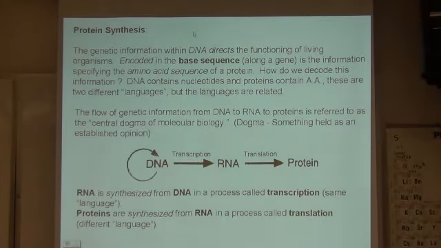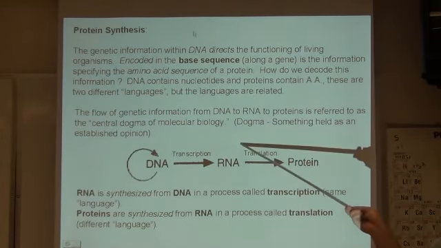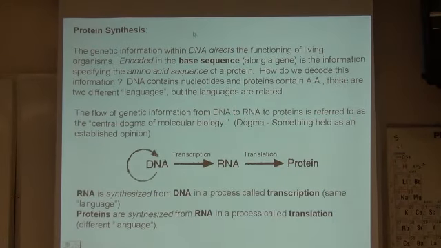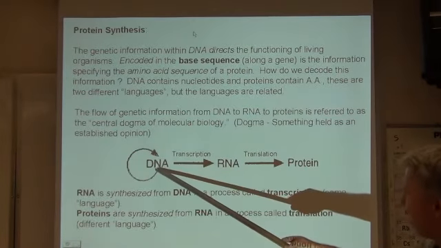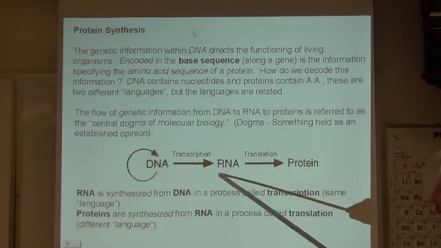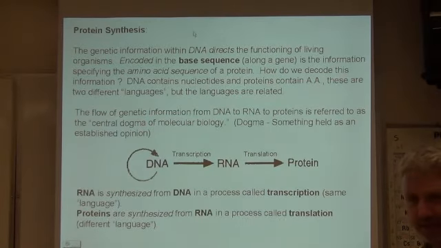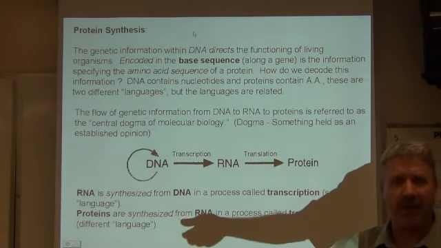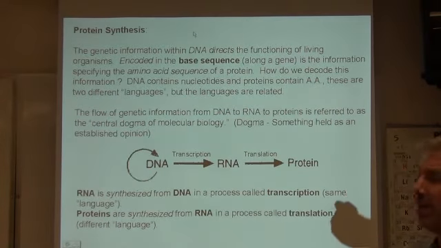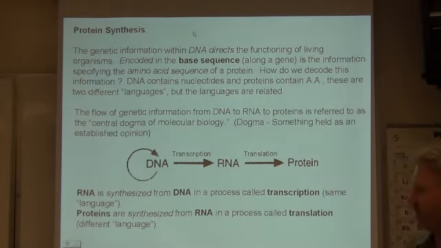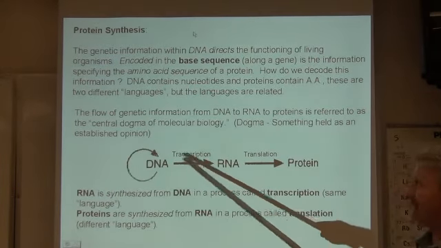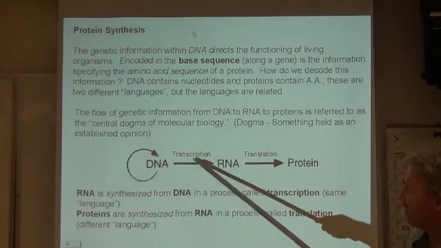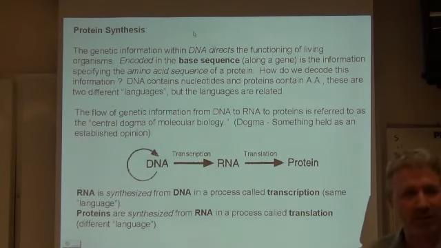Well, the central dogma of molecular biology is, and I had to look up dogma, because I didn't know what it meant. Something held as an established opinion. Okay? Is that you have DNA, and since DNA and RNA are both made up of nucleic acids or nucleotides, now I know there's a subtle difference. One doesn't have oxygen on carbon number 2 and the other does, but they're both made up of nucleotides as their monomeric unit. So this is the same language. So we transcribe. Transcription is what does that.